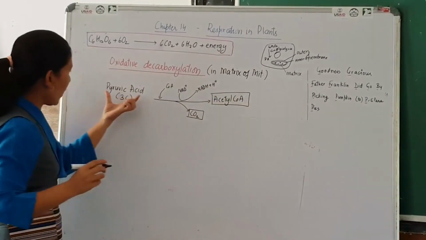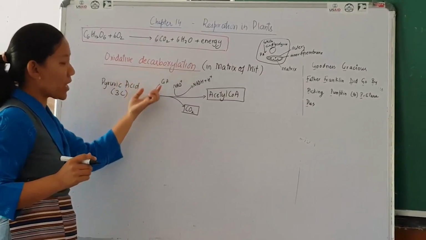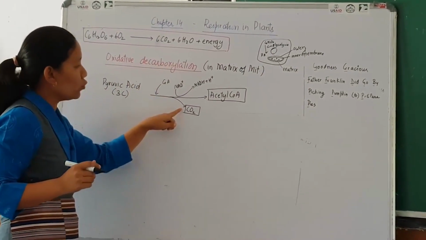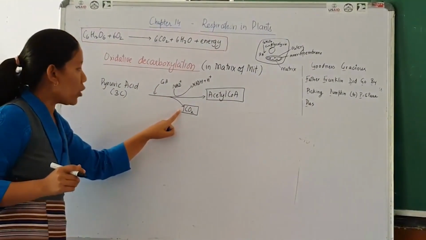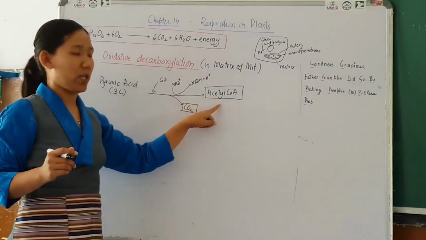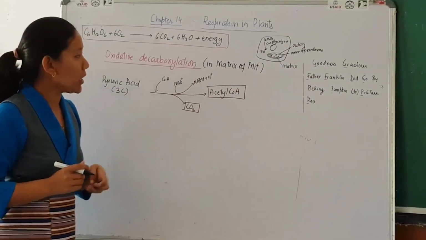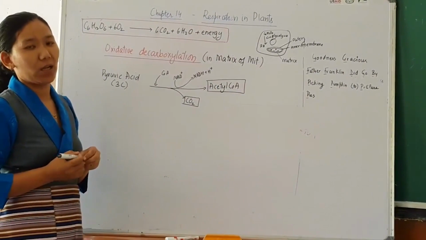Now you can see one pyruvic acid undergoes decarboxylation, wherein they lose a molecule of carbon dioxide to give you acetyl-CoA. Now acetyl-CoA, how many carbons are present in this?